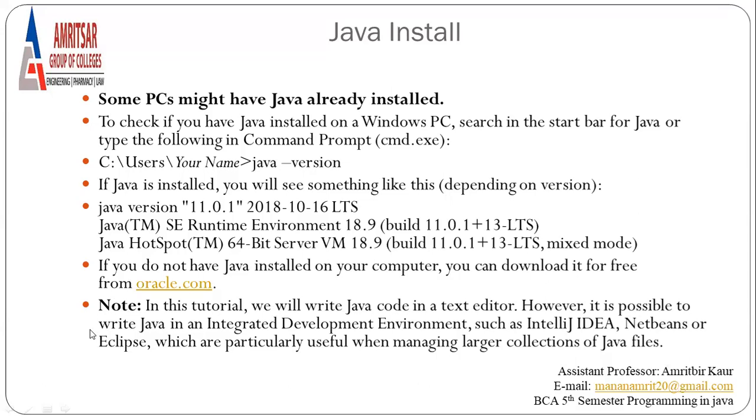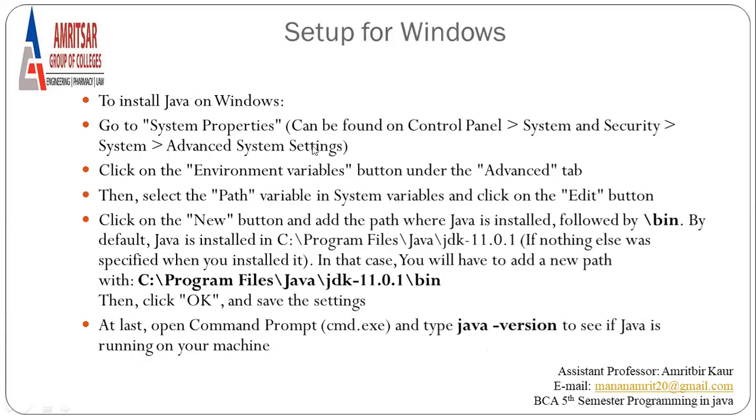Firstly, check whether Java is installed by typing the command java space hyphen version in command prompt. If Java is not installed, download it from oracle.com and then install it. After installation of JDK, we have to set up the environment variable.